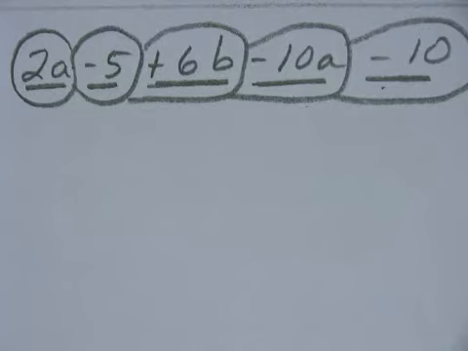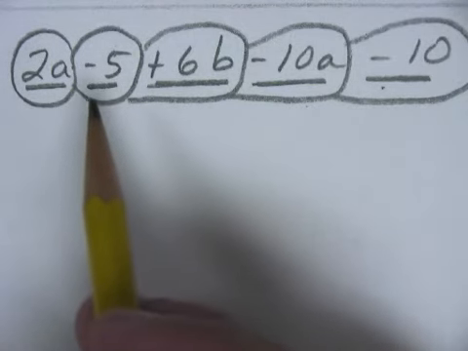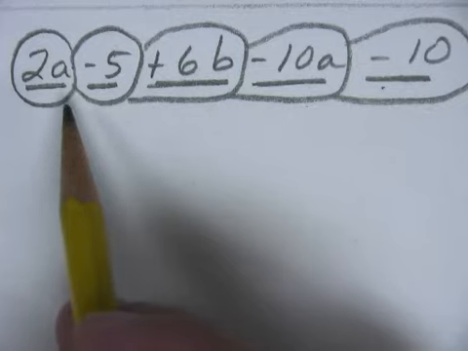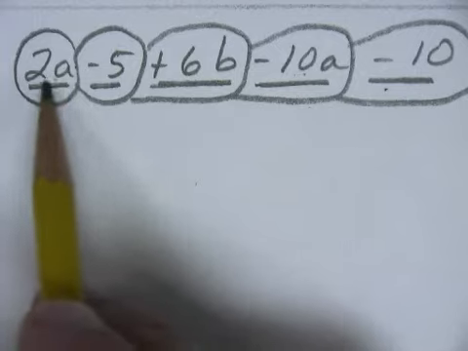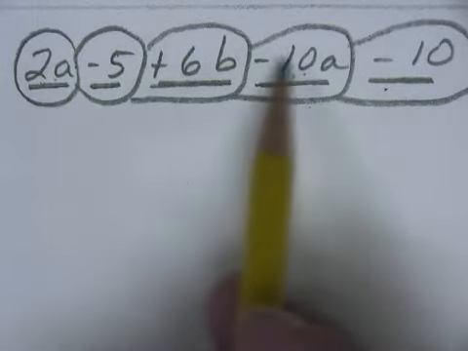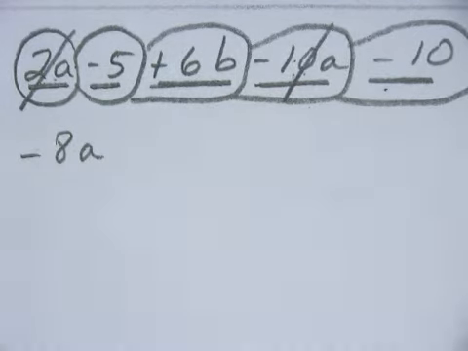And then we're going to go descending order, which means we start with the letter A first. So descending order means biggest exponents to smallest exponents. And then we also want to go alphabetical as well. So we have 2 terms that have A, the 2A and the negative 10A. And so we're going to put those first. I'm going to combine them. 2 minus 10 is negative 8, and carry over the A.